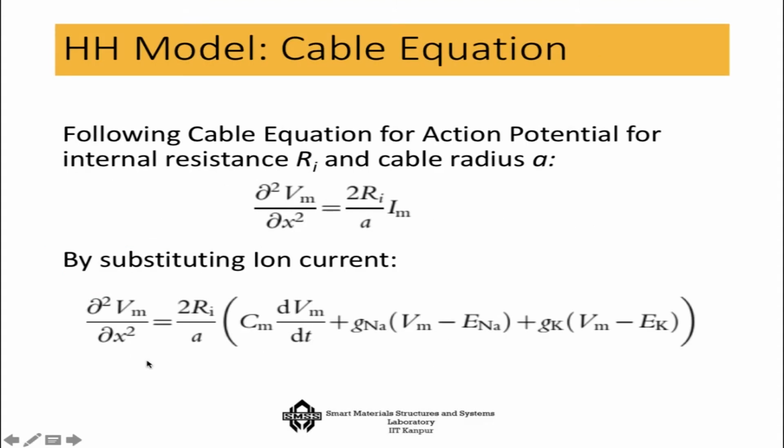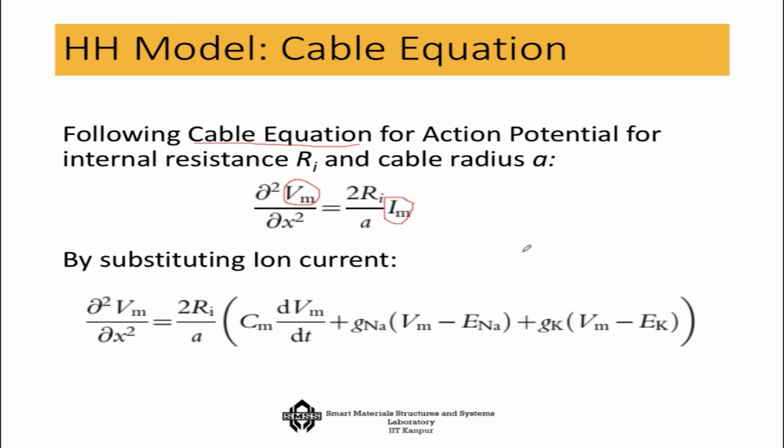If we now look into the H-H model cable equation, you can see here that in the cable equation we can actually keep the spatial variation of the membrane voltage. So we can equate the spatial rate of change of the membrane voltage with the membrane current by using the cable equation.